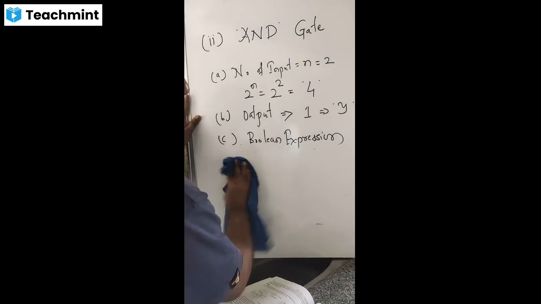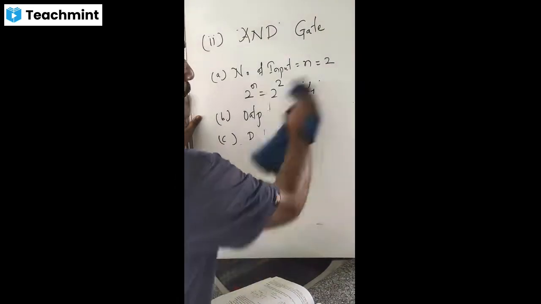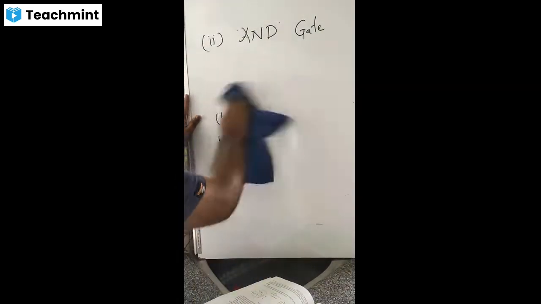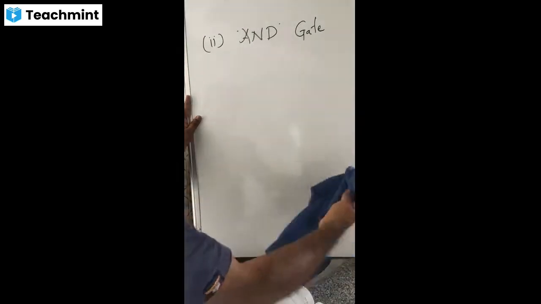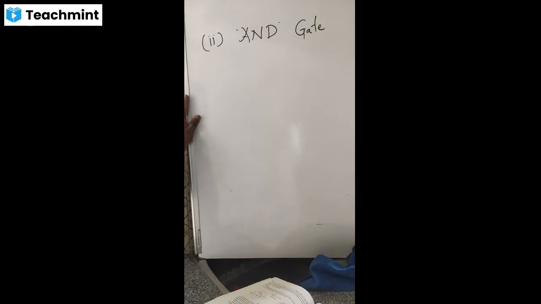Out of 70 classroom strength, only 35 have joined on Teachment. Look, it is half, 70 to 35. That's why I'm recording the class. I will keep it as proof. Okay, so now let us go for truth table.